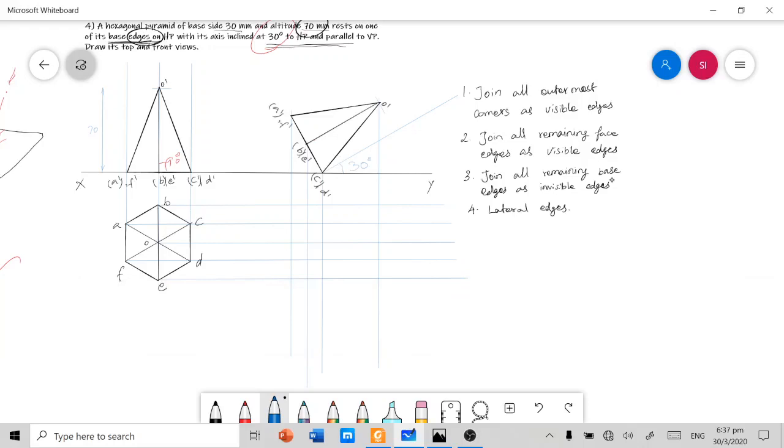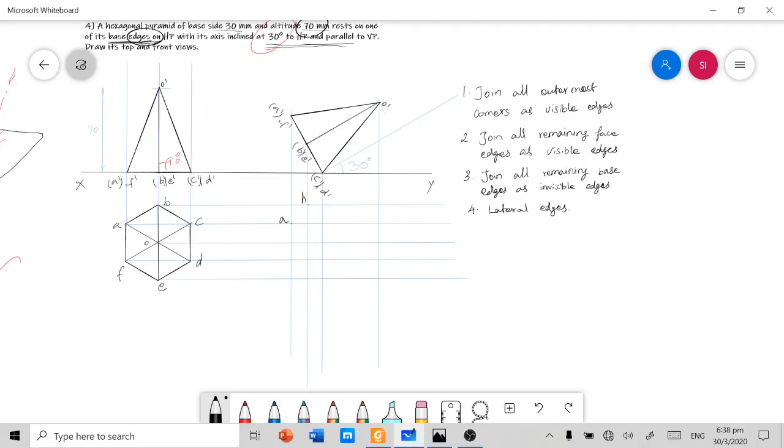Now, as usual, you have to find out the cut points. Starting from A, projector of A and projector of A dash, both will intersect at this point, and we can lock the point A here. And similarly, for the point B, projector is there, and the projector of B dash, both will intersect here.